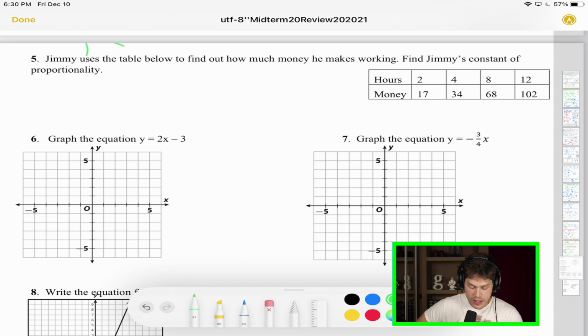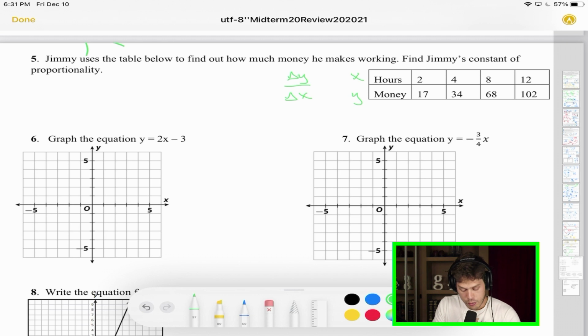So Jimmy uses the table below to find out how much money he makes working. Find Jimmy's constant of proportionality. This is just like your slope. Okay, so if this is our x and this is our y for our table, remember that slope is rise over run, which is also change in y over change in x.